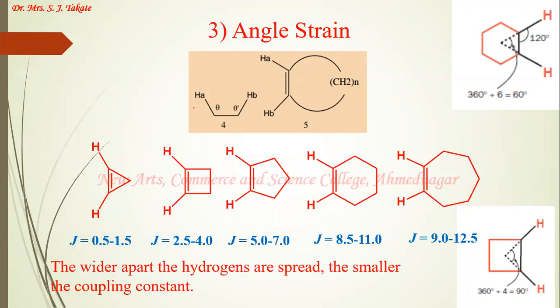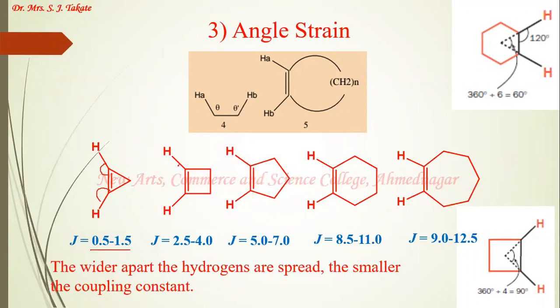If these angles are spread, that is, HA and HB are moving away from one another, then the coupling constant value will be small. As in the case of a three-membered ring, these carbon hydrogen bonds are widespread. That is, these angles are more widely increasing here. As these angles are increasing, the coupling constant value is decreasing.